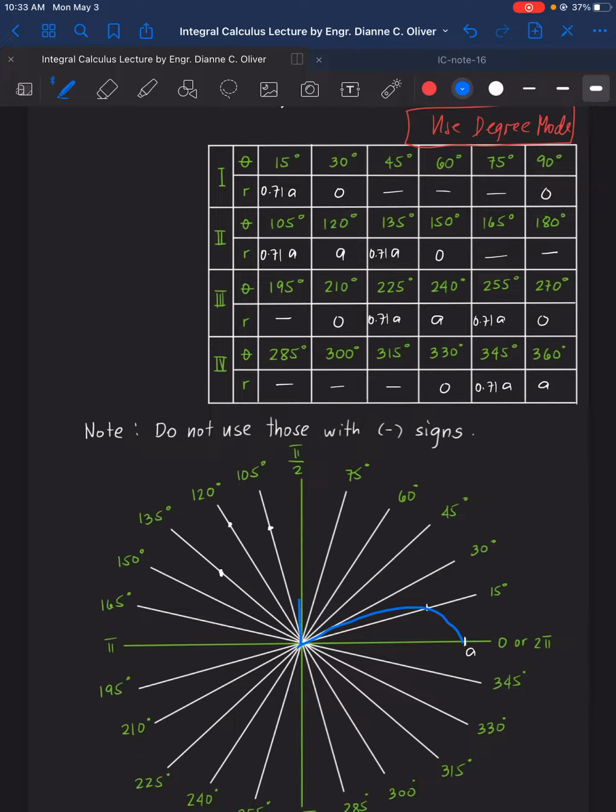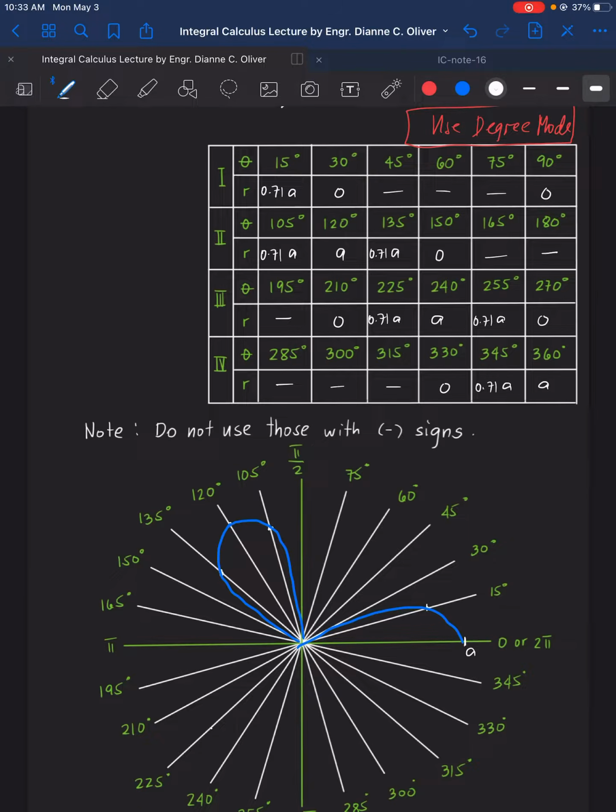So again, let's plot that. It's not that perfect, but I hope you get the idea. Then let's go to the 210 at 0, 225 at 0.71.